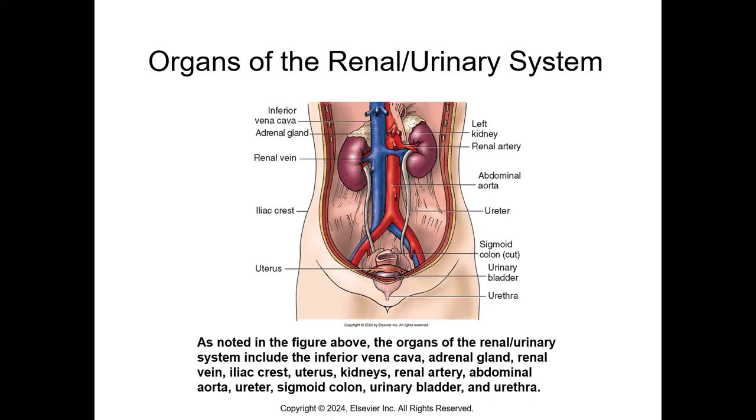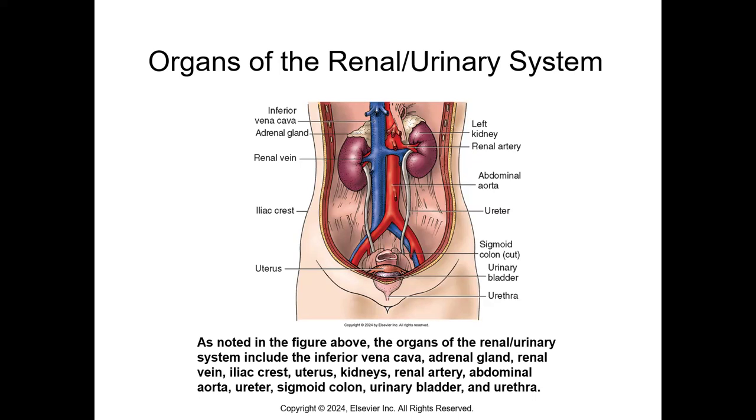So the kidney's goal is to provide fluid and electrolyte balance and help to regulate acid-base balance within the body. The kidneys also activate vitamin D. Remember we talked about parathyroid hormone, that parathyroid hormone and vitamin D are activated in the kidneys.